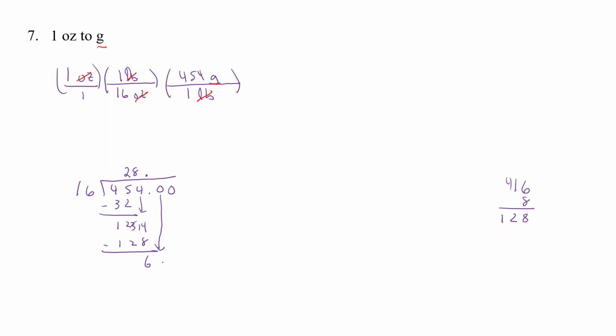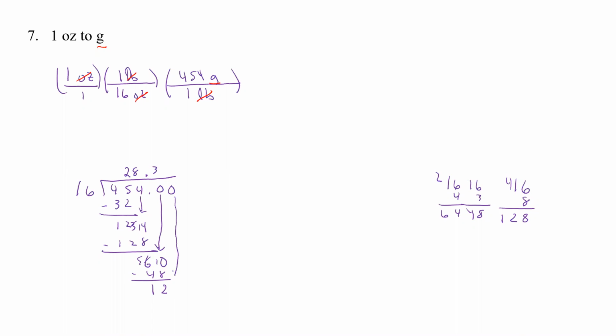Now I can bring down my 0. 16 times, oh, let's see, 5's too much, 4, maybe 24. That's going to be 64, so it has to be 3. So we'll have a 3 here. So 16 times 3, that's 18, that's 48. Subtract that, that's going to be a 5, so that's going to be a 2 and a 1.